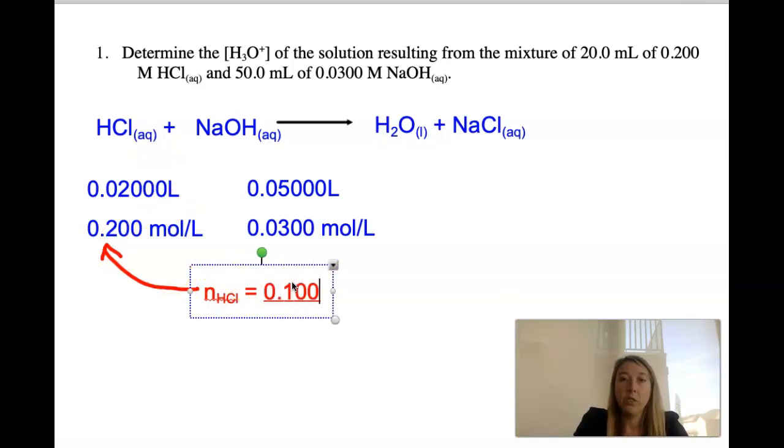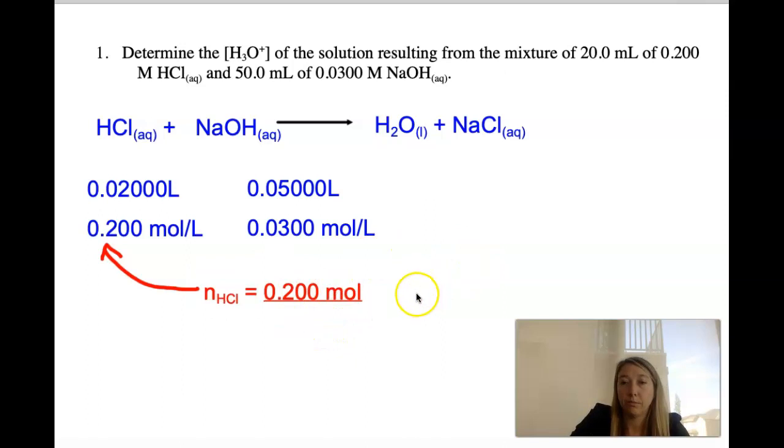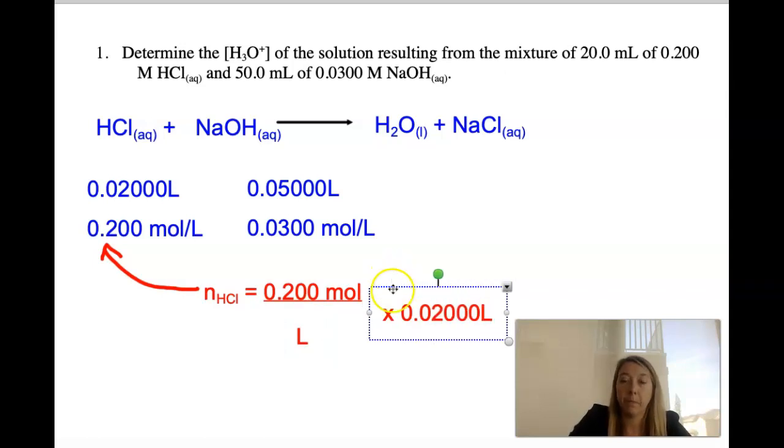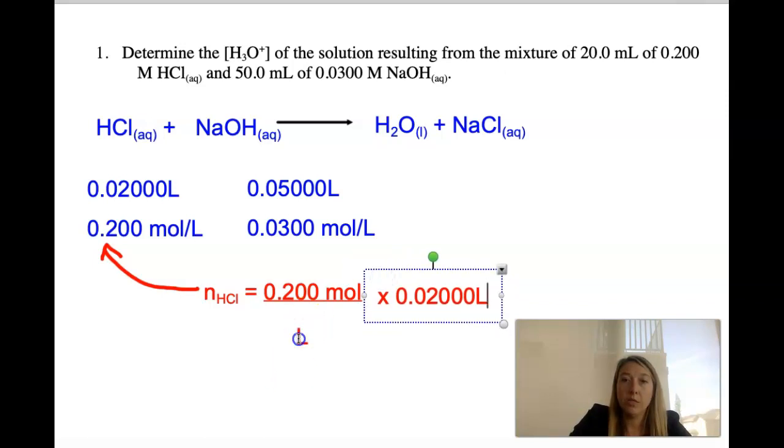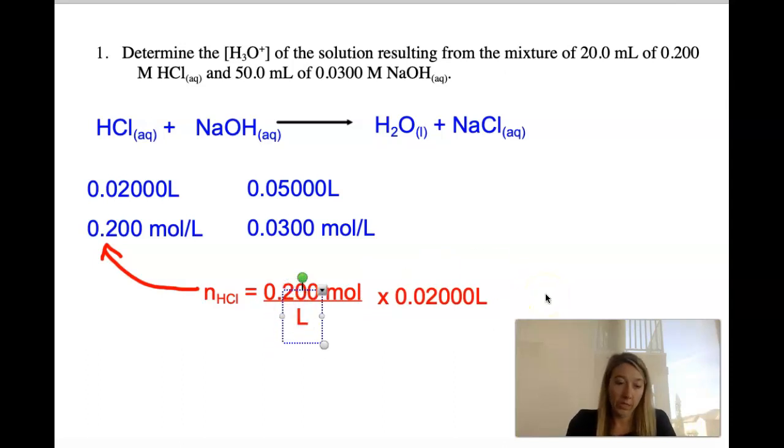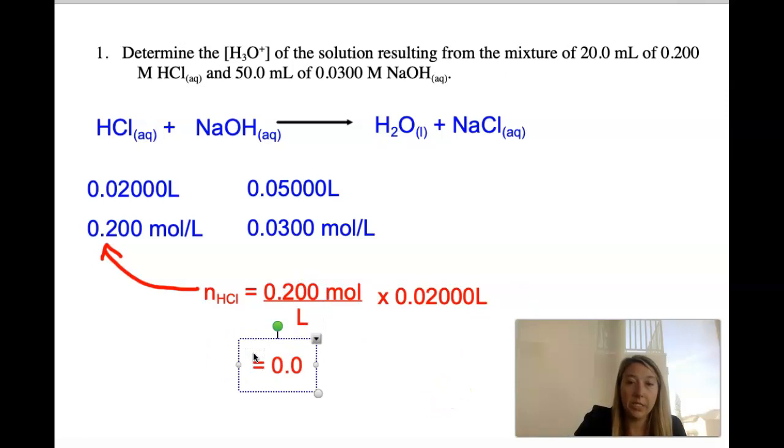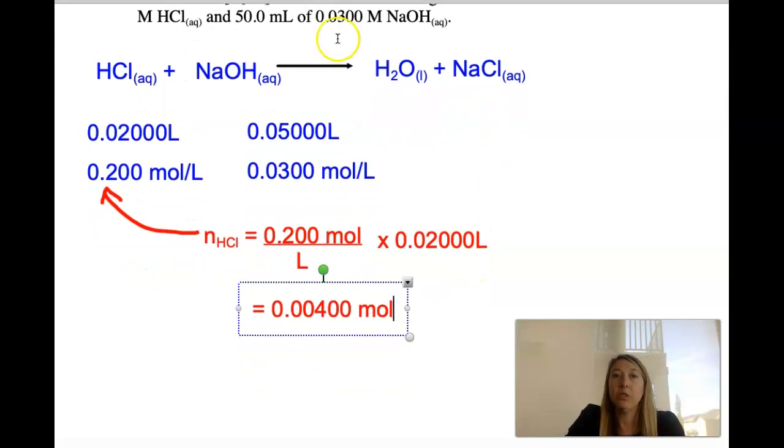So we can do 0.200 moles over a liter, times 0.02000 liters. That is going to allow us to determine how many moles we have of HCl. Do that in your calculator, 0.2 times 0.02. So for HCl, we have 0.00400 moles.